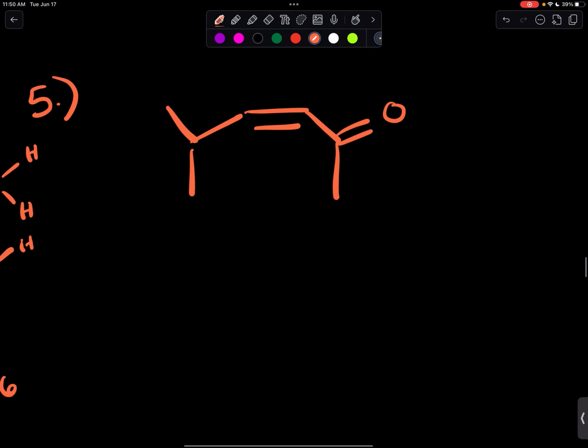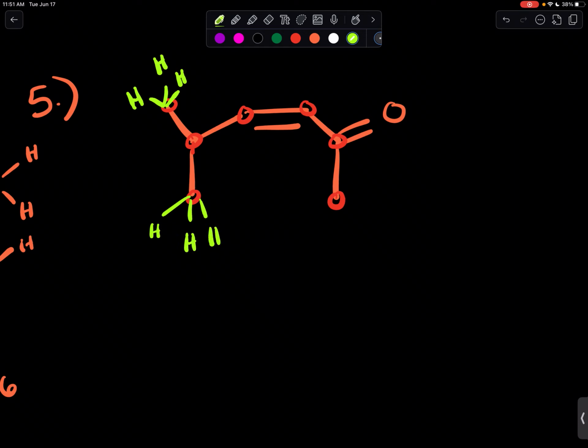So let's look at this structure. Let's count our carbons. 1, 2, 3, 4, 5, 6, 7. Put in our hydrogens. Each carbon that's in the corner is a CH3, which means 3 hydrogens.